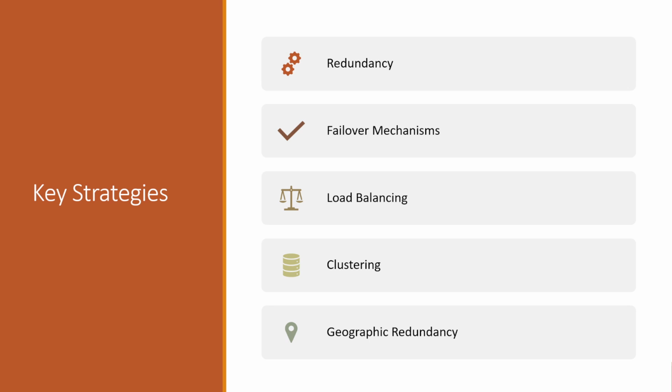We can go look at load balancers to make sure that incoming traffic is pushed across multiple servers, ensuring that no single server is overwhelmed. We can look at clustering so that we can make sure that multiple systems can work as a single unit to ensure that our users look at everything as a single device.